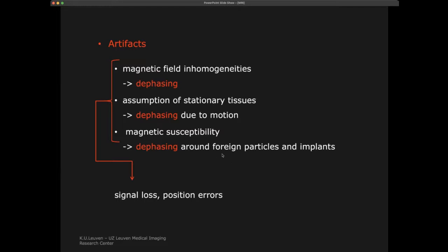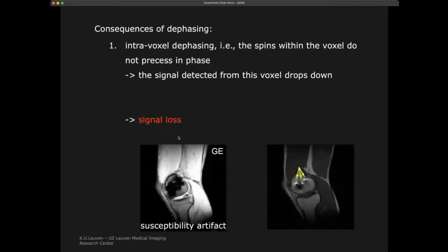Foreign particles, metal implants and so on, all of these cause artifacts, some of which we can compensate by doing longer imaging and T2 star compensation with this 180-degree flipping. Many of these really cause problems in the location of the points and in the measurement of the points.